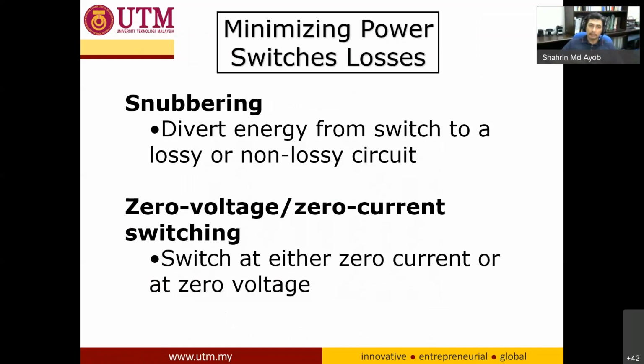Very important to know: we have conduction losses, the second one is the blocking losses, and the last one is the switching losses. So how do we minimize the power switch losses? There are two methods you can use.